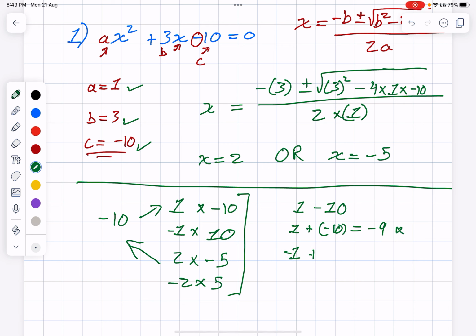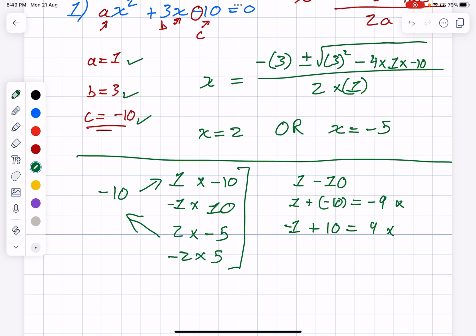Negative 1 plus 10 will be equal to 9, which is also incorrect. Now we go to the other cases. 2 plus negative 5 is equal to negative 3, which is also wrong.